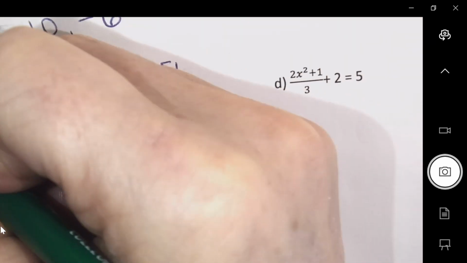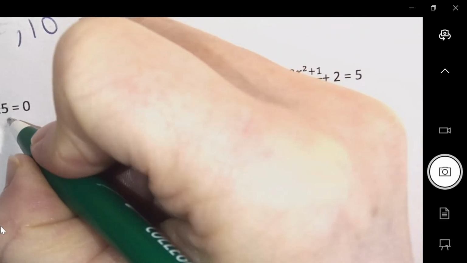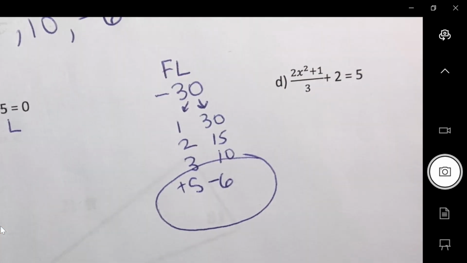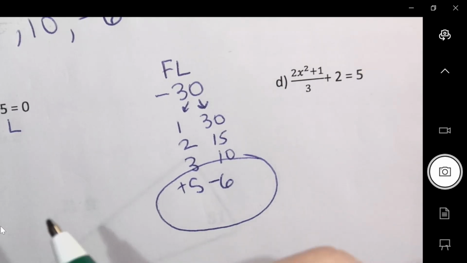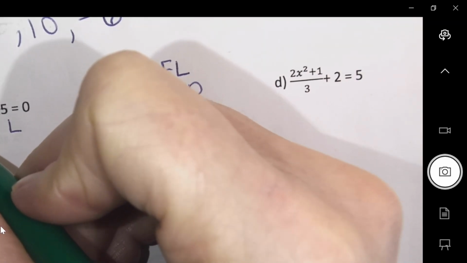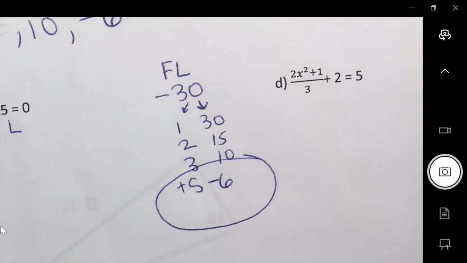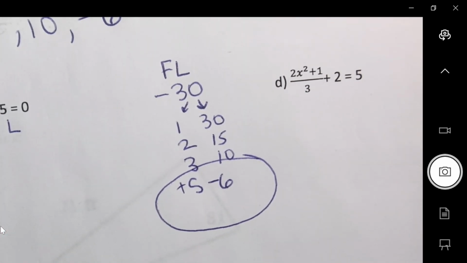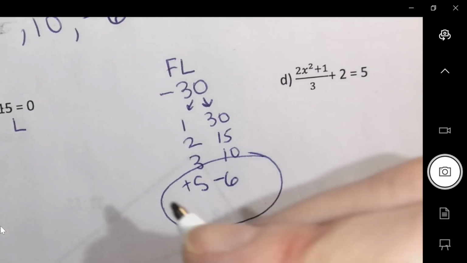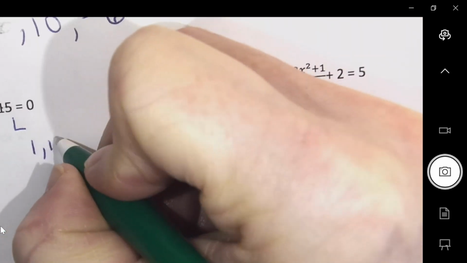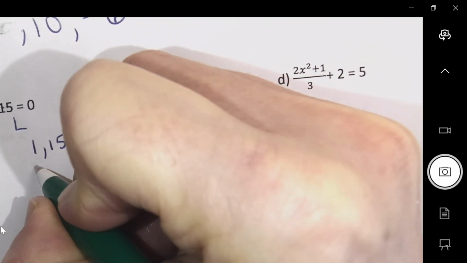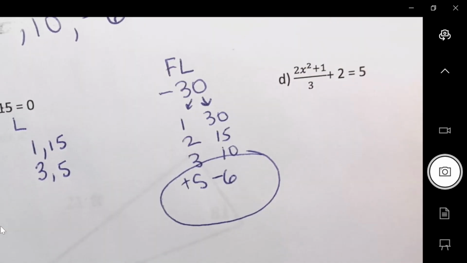I'm going to now go under F, and I'm going to go under L, and I'm going to think, how could I get the F? How could I get the L? So how could I multiply to 2x squared? 1x times 2x, that's the end of that. How could I multiply to 15? 1 times 15, or 3 times 5.